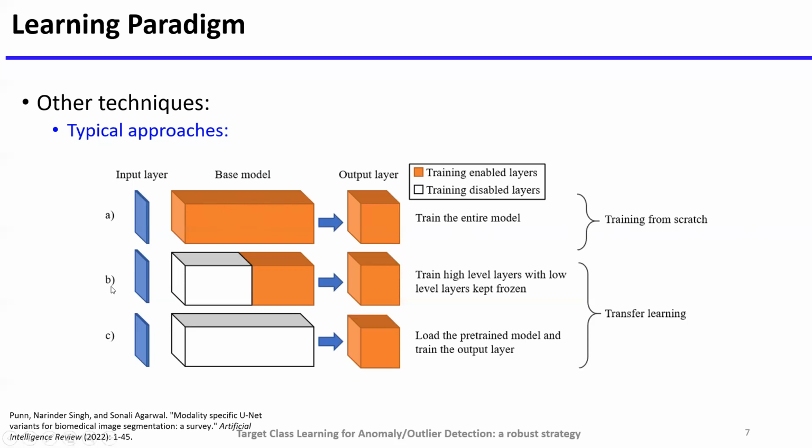In the second option, we are not training the entire model, but we are training only the high level layers with the help of some of the initial knowledge which is available. And in this last one, we are not using any effort for the training phase, but we use the pre-trained models and try to get the knowledge through the transfer learning approach.